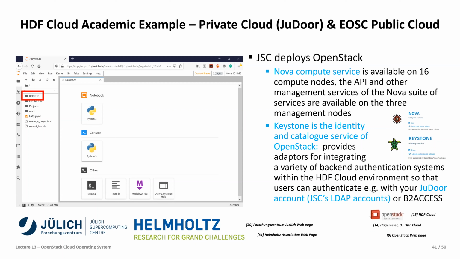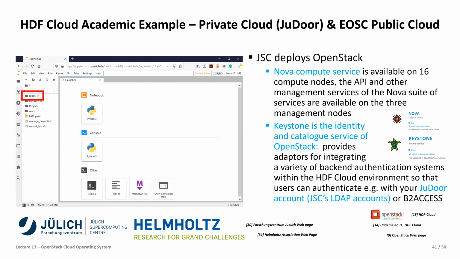And I mean, it is no big surprise to think about what services are needed, right? So there's a Nova service for computing again. Even if it is at JSC, we still have some physical resources, that's all good. But in order to really compute on these resources, we need a computing service, which we of course have with Nova available.